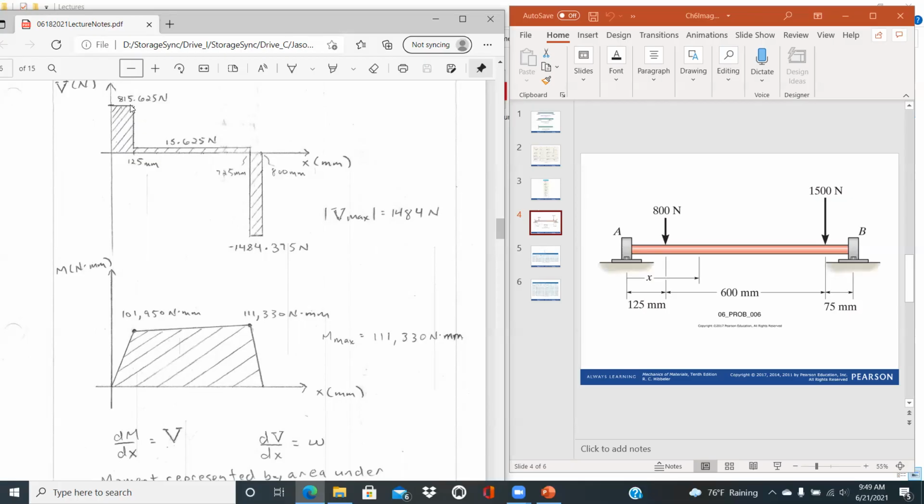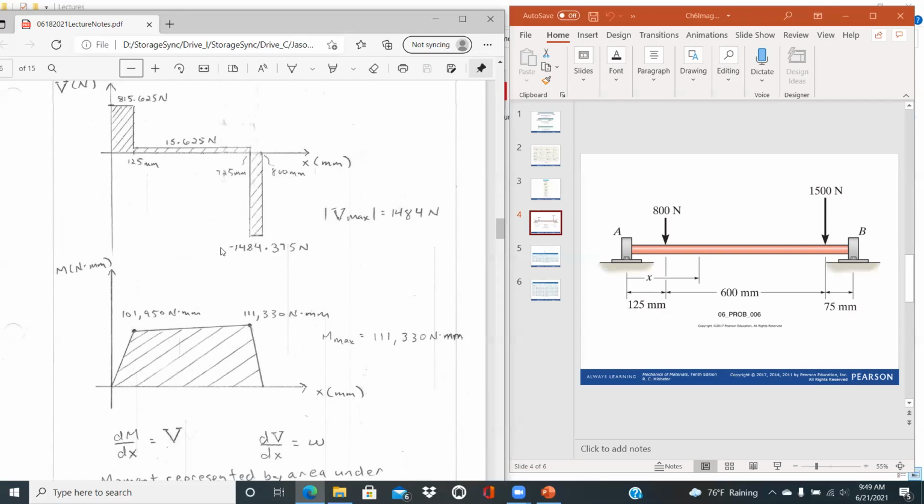If we take the 815.625 times 125, that'll define our moment, 101,950 Newton millimeters. When there is a linear or a constant relationship for the shear, there'll be a linear relationship for the moment as a function of x. When there's a linear relationship for the shear, there'll be a second order relationship for the moment.